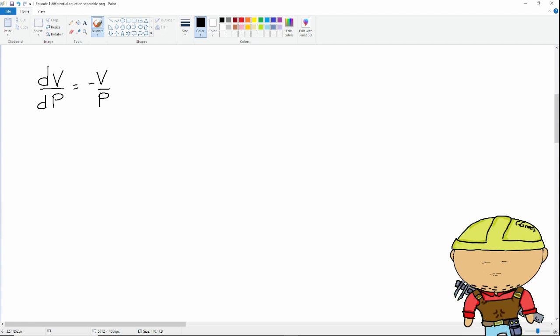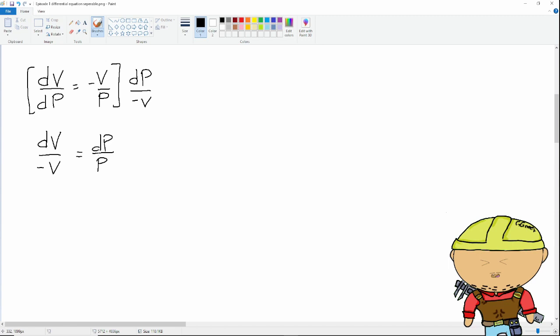And take note, in variable separable equations, we need to separate each variable to its own side. For example, we multiply this equation by dp over negative v, so that our dv will have negative v below, equal to dp over p at the right side.